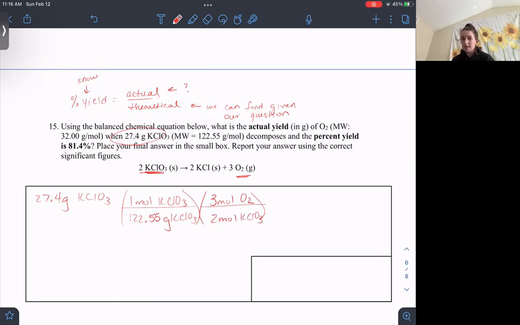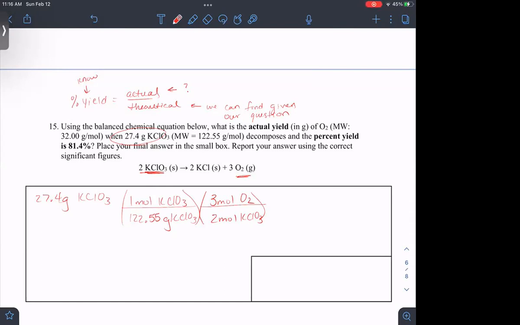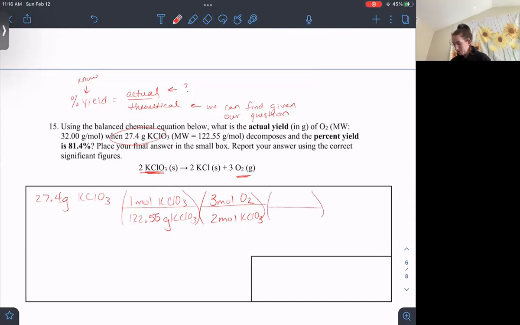Do we need to do anything else with our moles of oxygen? Convert from moles to grams to get the theoretical yield. Yep, perfect. So we're going to convert from moles to grams. So 1 mole of O2 will be 32.00 grams.